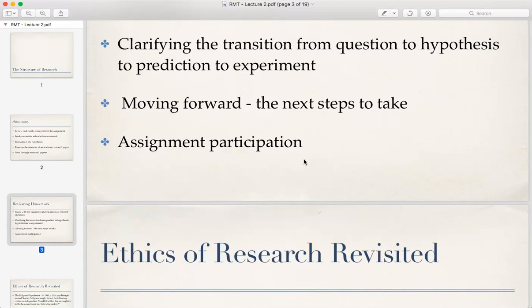And then the experiment is testing the prediction, right? In the Rutherford example, it's saying that if alpha particles are to deflect, then let's actually shoot the alpha particles at the foil and see if it deflects. So the experiment is a real world application of the prediction.